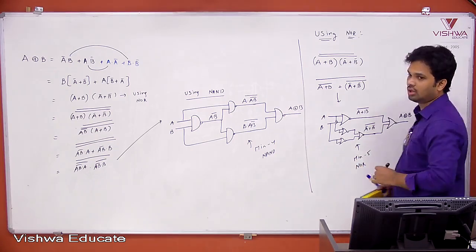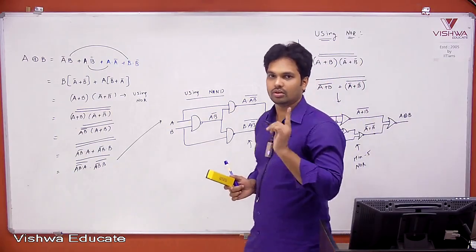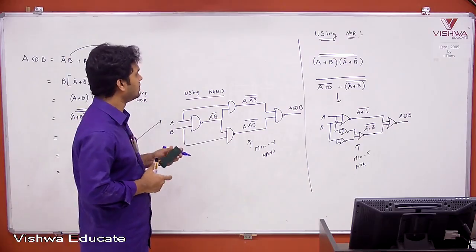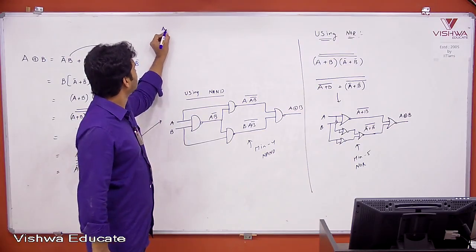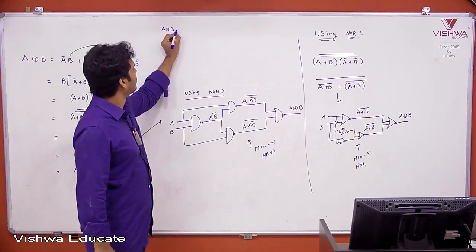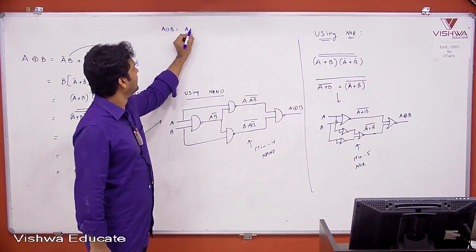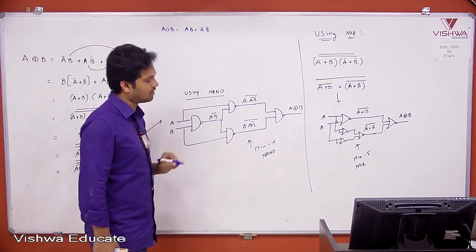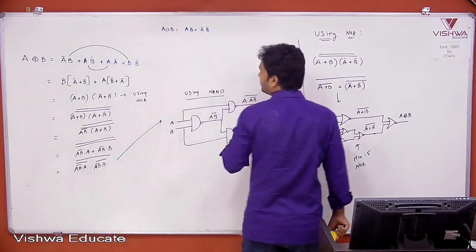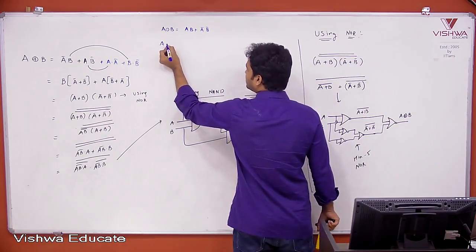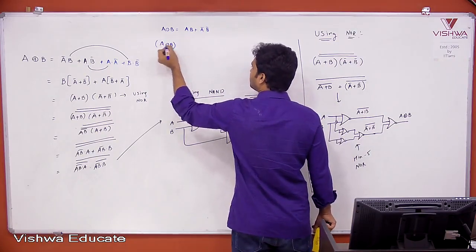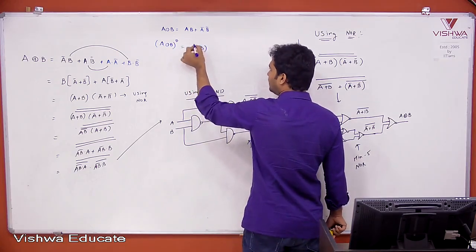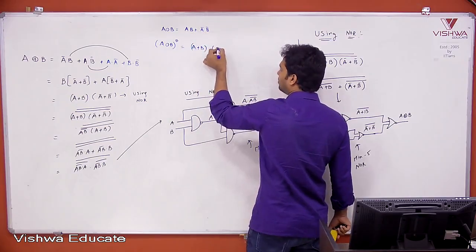Now one important condition we need to discuss. What is the relation between XOR and XNOR? See here. What is A XNOR B? AB plus A bar B bar, this part I have already given. Can you tell me what is the dual of this function? It is A plus B into A bar plus B bar.